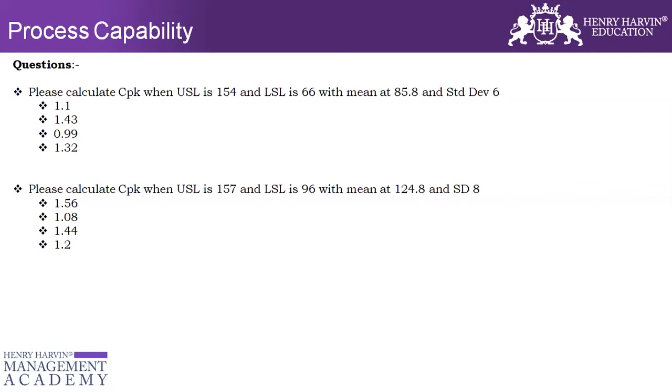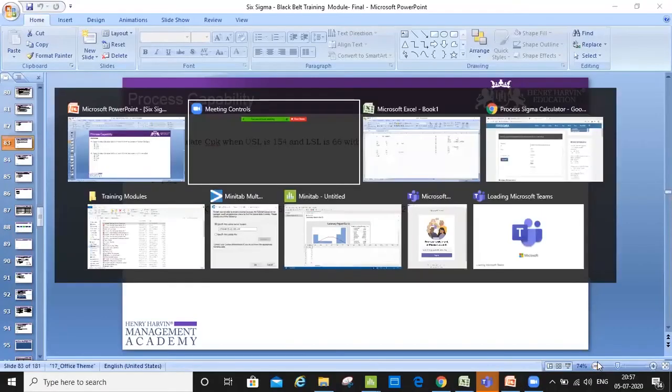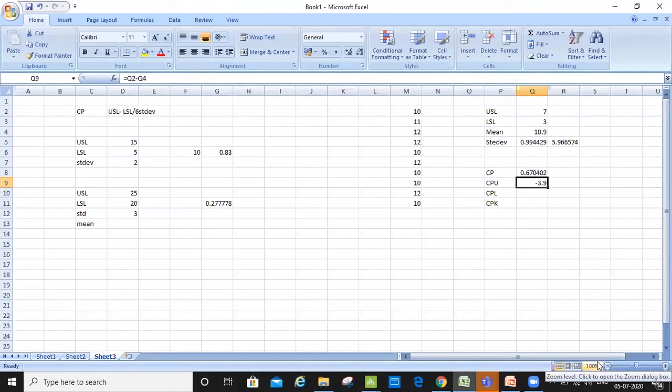Okay, and Simar, can you please open that Excel? I just want to check one thing. We have done one more thing right here: USL as 12 and 10. What is the result? Can you please check once?